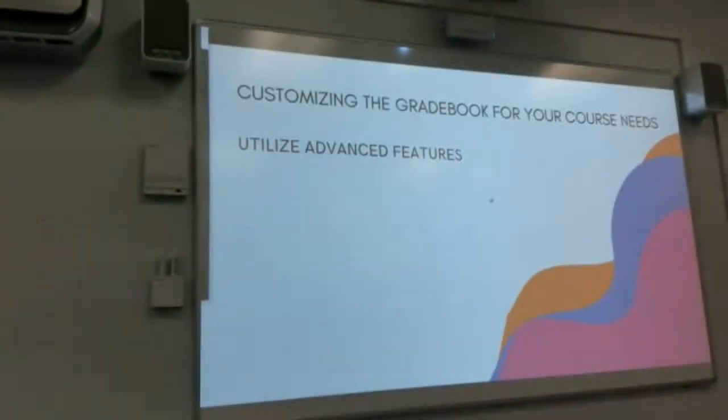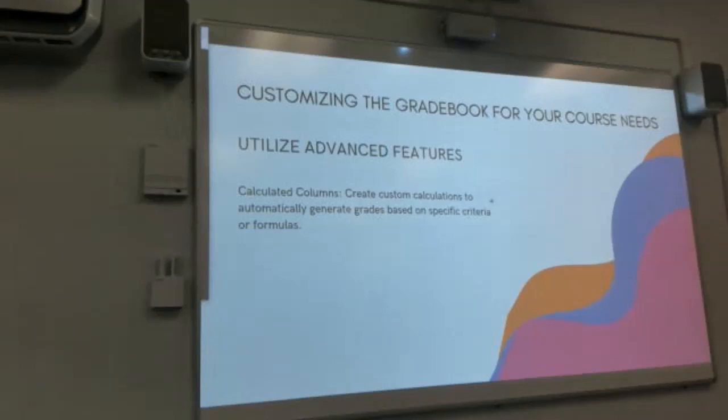So, some advanced features that are part of the fairly recent update. Custom calculations. Within your calculated column, you can do custom calculations to generate grades based on specific criteria.